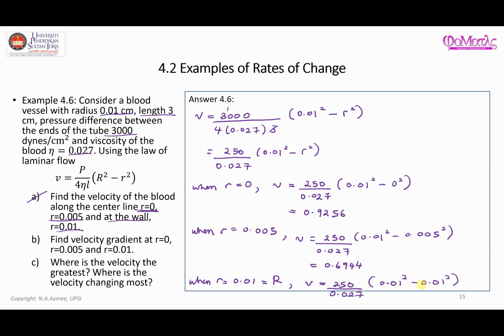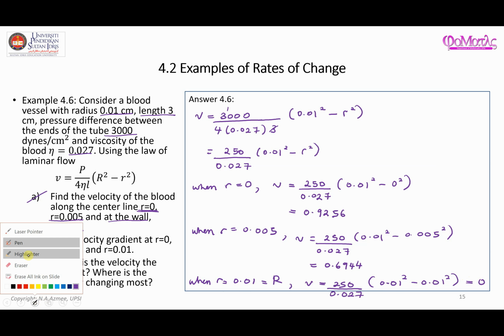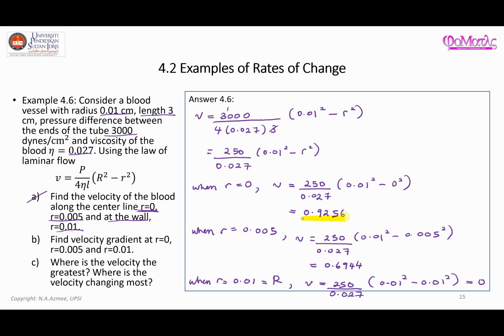So this one here will become 0, therefore the velocity will be 0 when r is 0.01. So I hope you can see that based on the answers that we got over here, the velocity decreases from 0.9 at the central axis to 0.6944, and it becomes 0 at the wall.